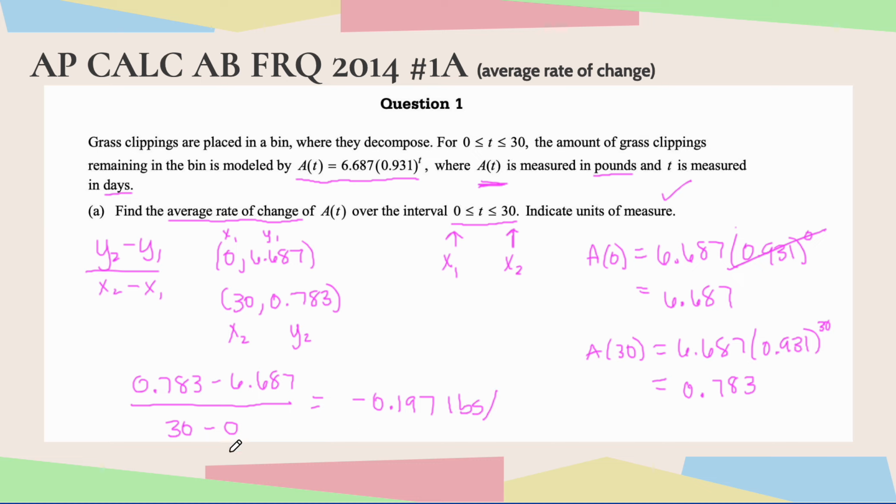And then in the denominator, I had my t values, which I used interchangeably with x, and that was time, given in days. So this would be pounds per day. I basically just got the unit of my numerator and then put it over the unit of my denominator. So this would represent the average rate of change in grass clippings from the interval 0 to 30 days.